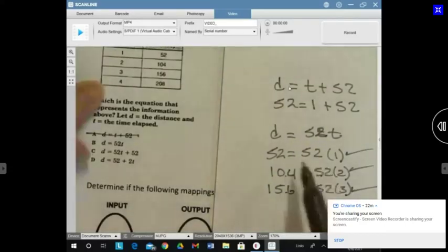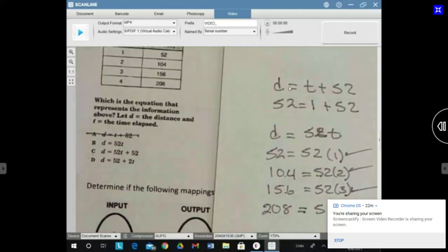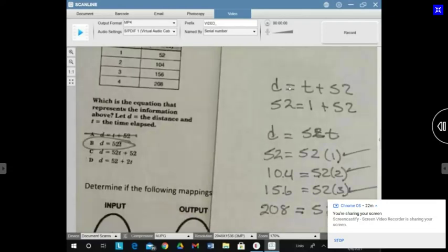So far, it's looking pretty good. 208 equals 52 times 4. 4 times 2 is 8. And 4 times 5 is 20. So that works. So I got lucky. The one I want was my B. And I don't have to go any farther.